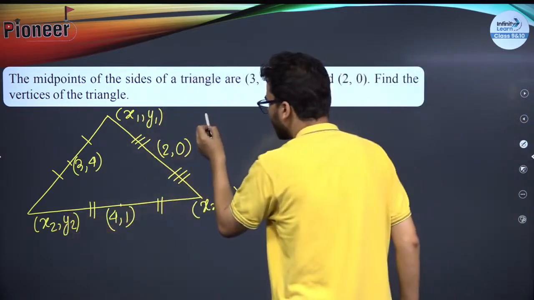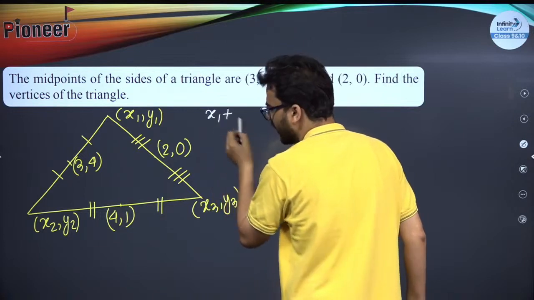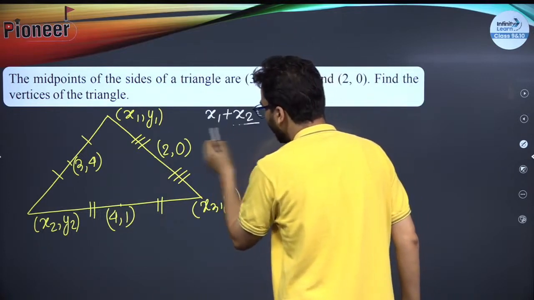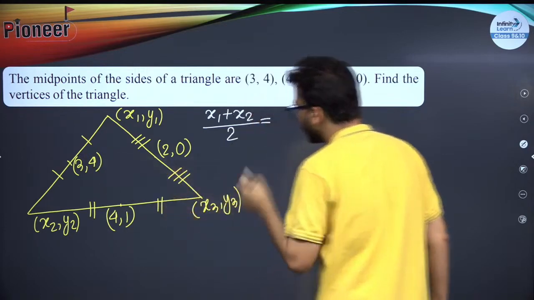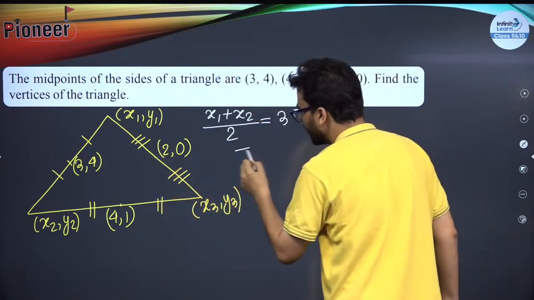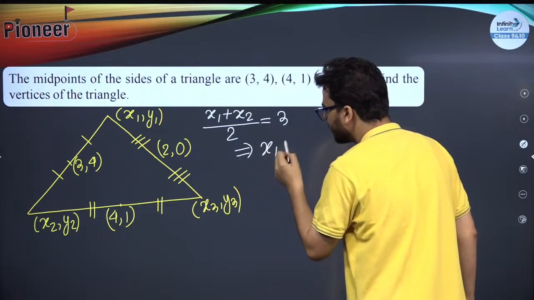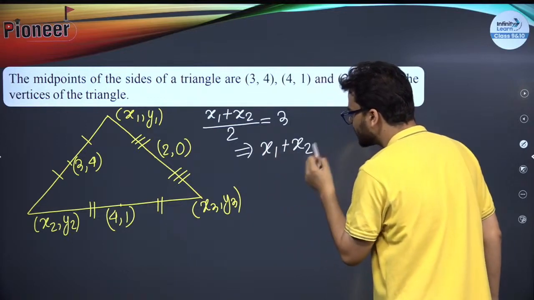Can I not say that x1 plus x2 divided by 2 is equal to 3 according to the midpoint formula? So x1 plus x2 is equal to 6 over here.